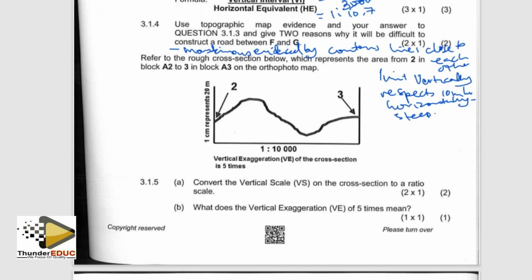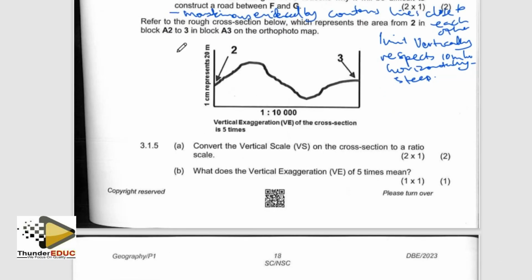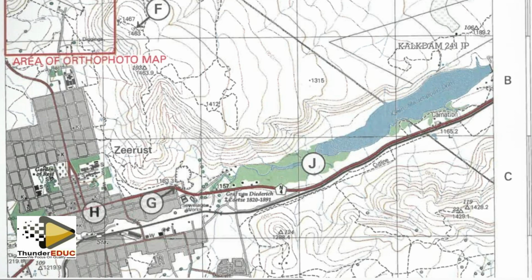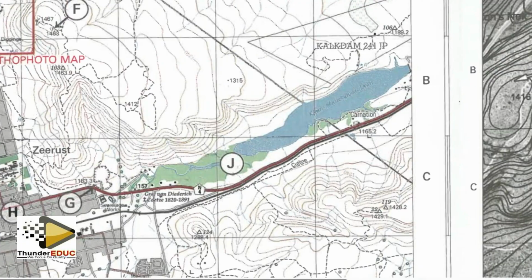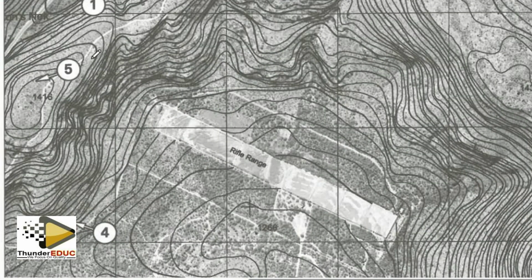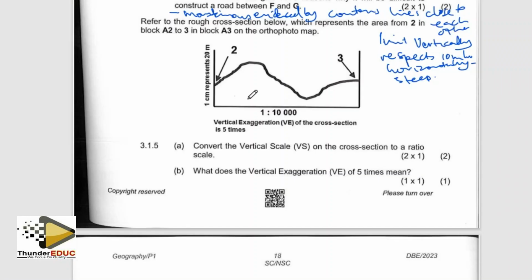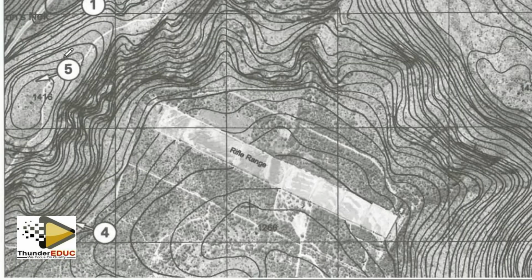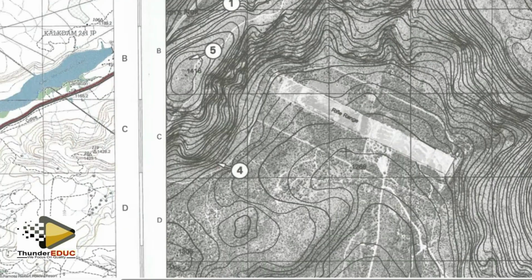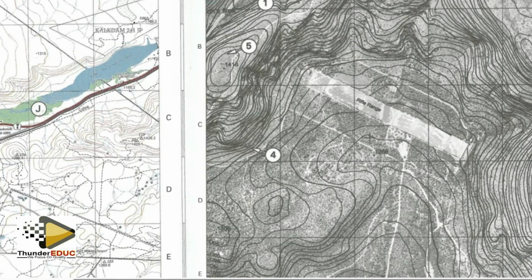So it becomes difficult for you to construct a road where it is steep, based on the answer given. Okay. Wow, sharp. Let's proceed now. Refer to the rough cross-section that is between 2 in block A2 and 3 on the orthophoto map. We come here. Let's look at our orthophoto map. They say it is between 2 and 3.